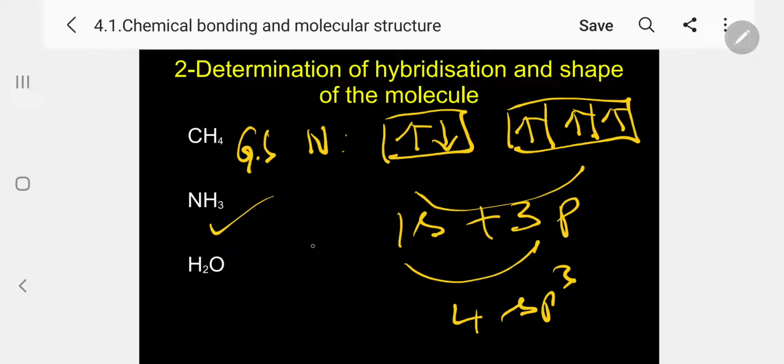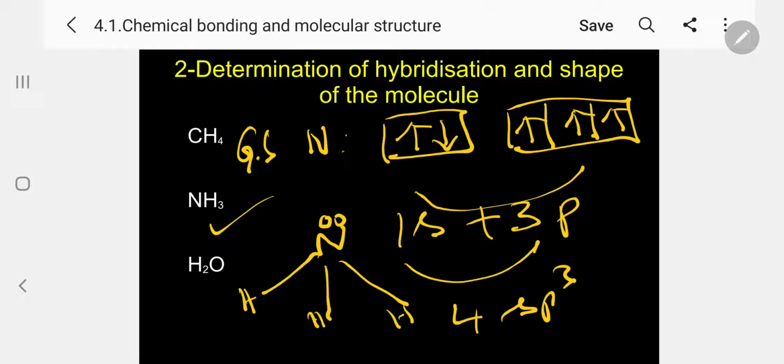So what is the shape now? Kindly follow. The shape of ammonia: nitrogen, here hydrogen, here hydrogen, here hydrogen, here lone pair.